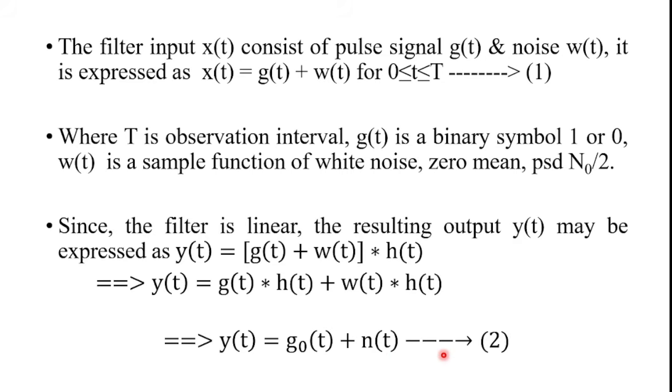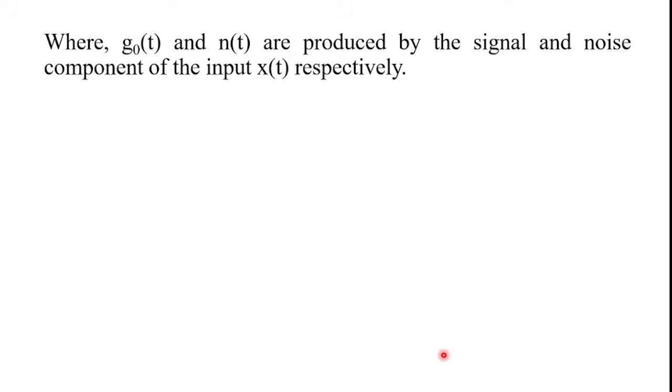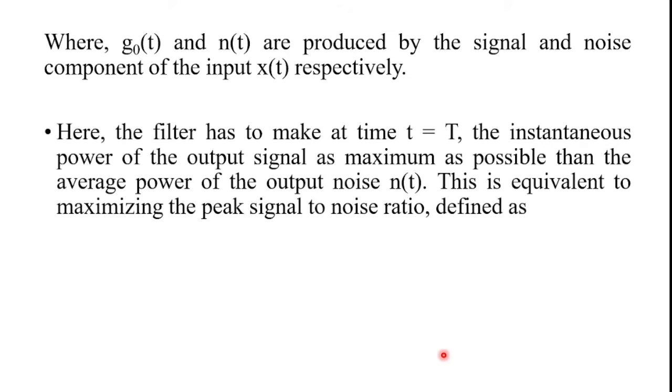This is equation 2. Here g naught of t and n of t are produced by the signal and noise components of the input x of t.